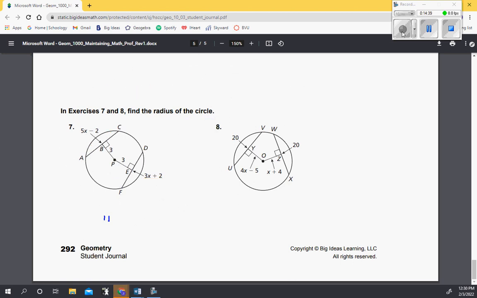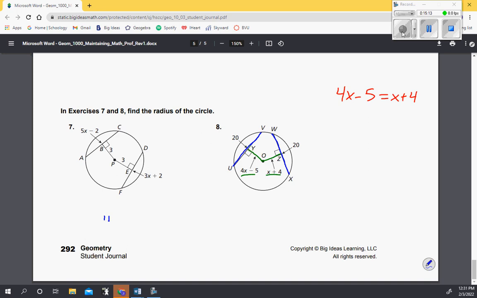If I go to number 8, okay, again, we have 2 chords here that are the exact same length. They give us the length. It's 20. So if they're equal, then they're both the same distance from the middle. So we know that 4x minus 5 is equal to x plus 4. We can solve for x by setting these equal to each other.